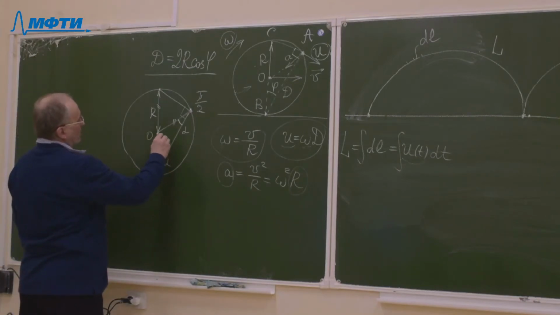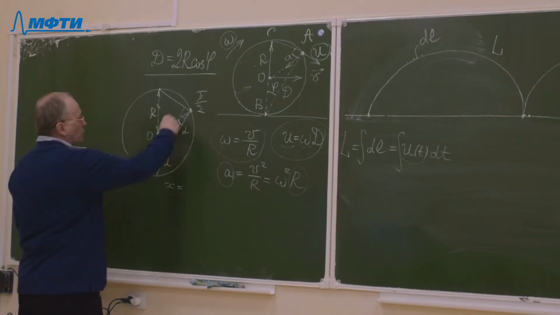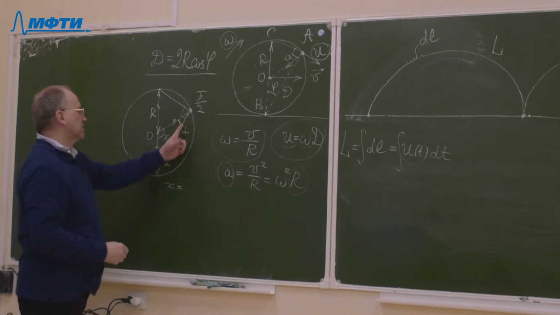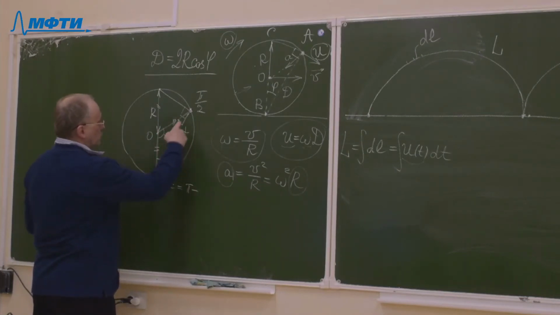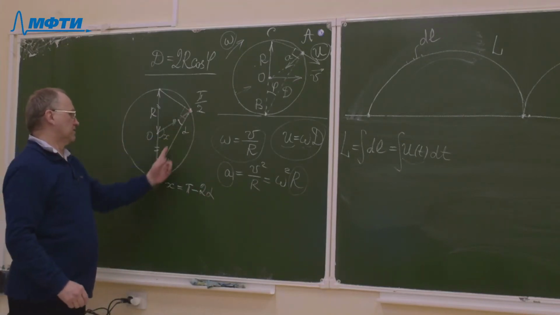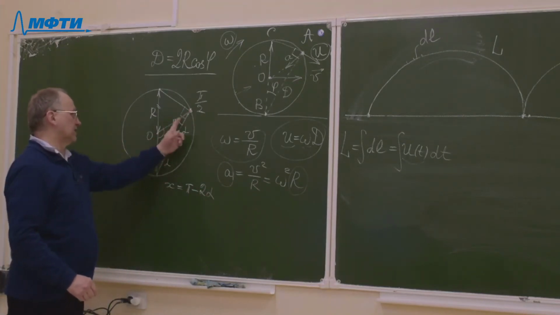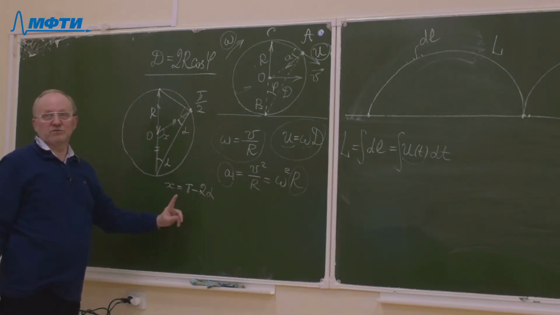And then this angle, which I denote by x, will be equal to, the total sum of internal angles in any triangle, pi minus 2 alpha. You know that the sum of all angles inside a triangle equals 180 degrees, or pi.